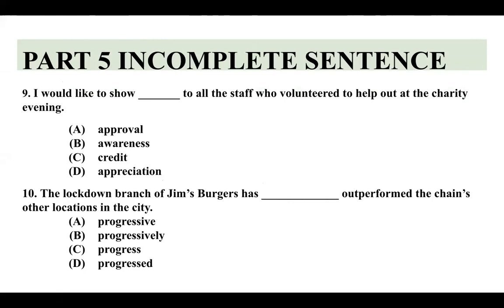A approval, B awareness, C credit, D appreciation. ลองสังเกตคำว่า help ตัวนี้เป็น positive ใน blank ตัวนี้ต้องล้อไปตาม help นั่นเอง approval ยอมรับเป็น noun, show ตามด้วย noun, awareness ตระหนักรับรู้, credit ก็คือมี credit, และ appreciation ซาบซึ้งยินดี ตอบข้อไหนครับ D ครับทุกคน I'd like to show appreciation to all of the staff who volunteered to help out at the charity evening.